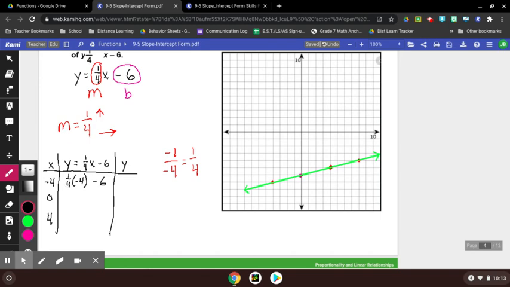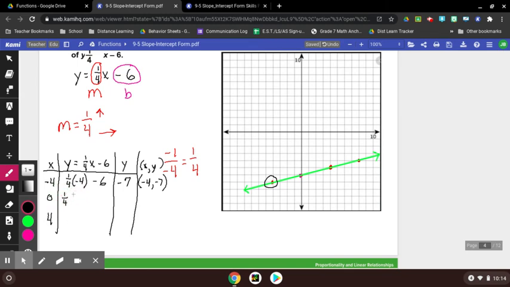So 1/4 times -4. Well, the 4's cancel out, and this becomes -1. -1 and -6 make -7. So if I were to turn this into an ordered pair, if I were to make another column and put my xy's as an ordered pair, this would be -4, -7. And if you notice on my graph, -4, -7 is right here. That is one of the points on the line. Same thing with 0.